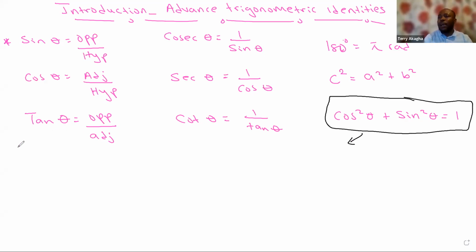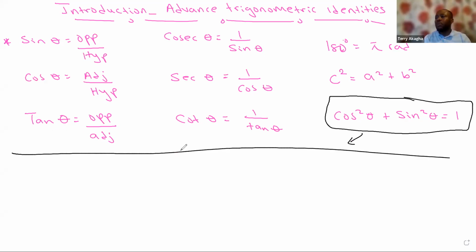So let's say we have cos squared theta plus sine squared theta is equal to 1. If I decide to divide both sides by cos squared theta, I divide here by cos squared theta, here, and here.